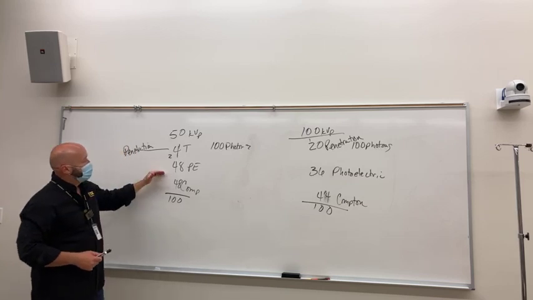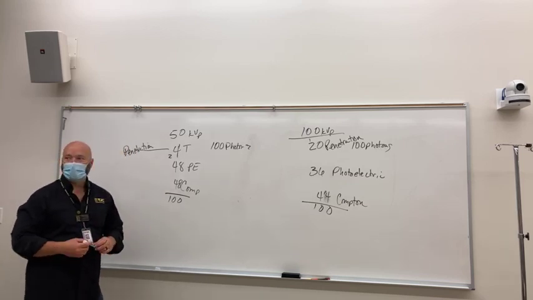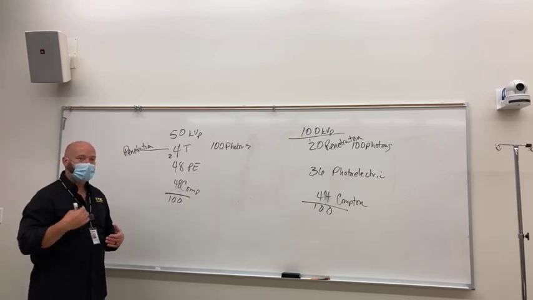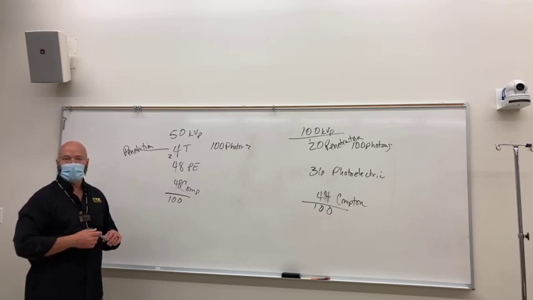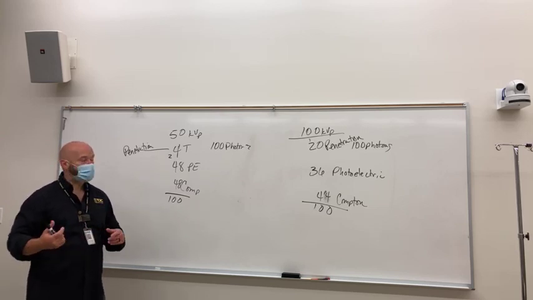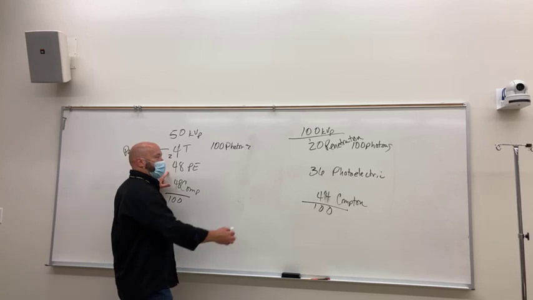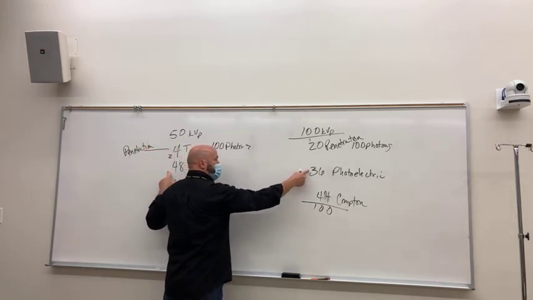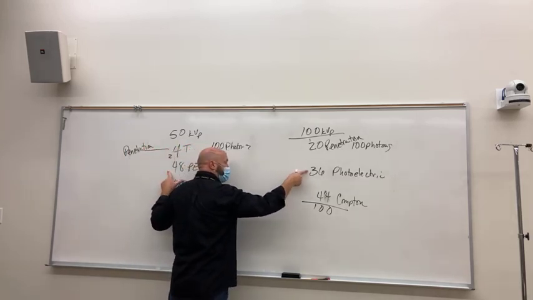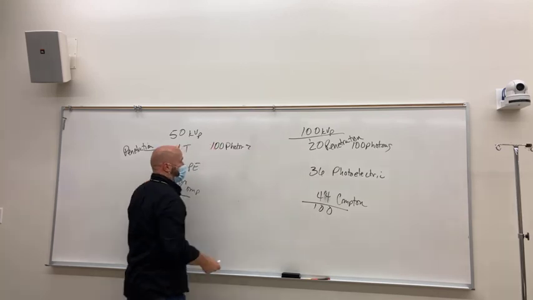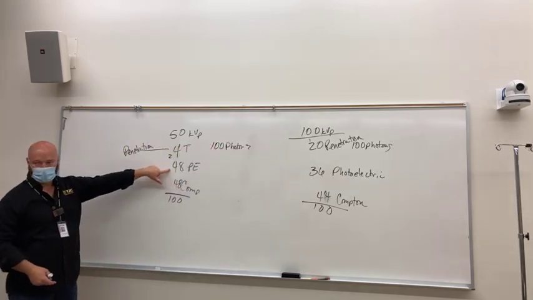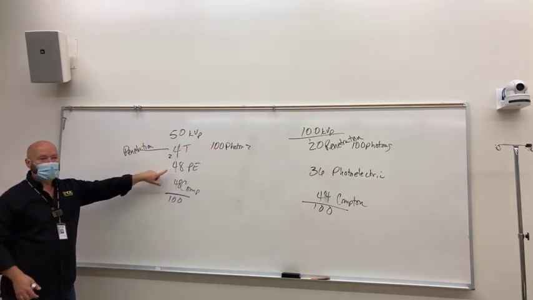So at 50 kVp, what else do we know about kVp? As kVp goes down, what increases? PEs, right. So as kVp goes up, PEs go down, right? So we get a decrease in photoelectric with higher kVp, we get an increase in photoelectric with lower kVp, right?